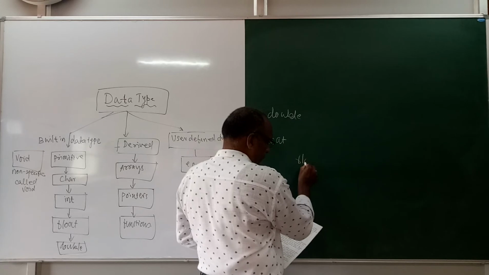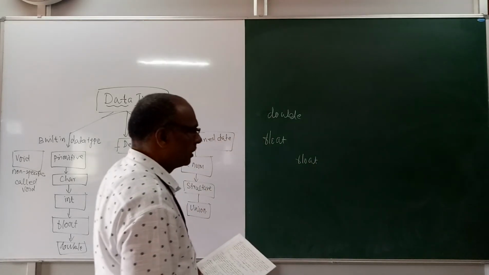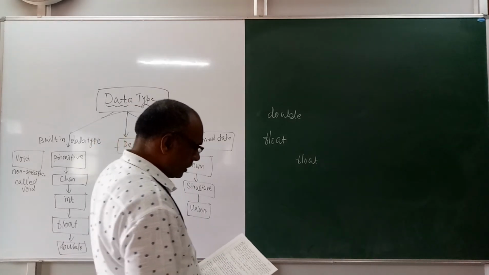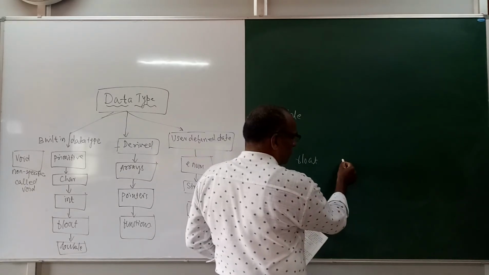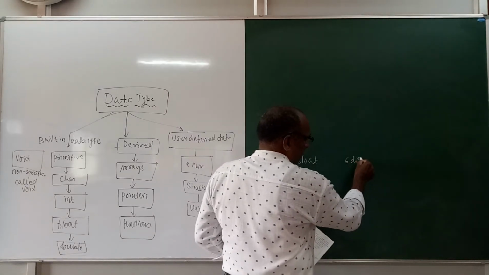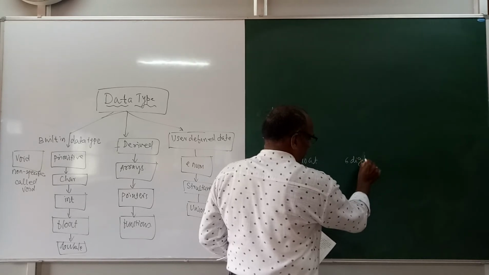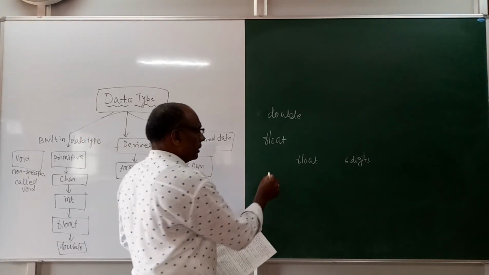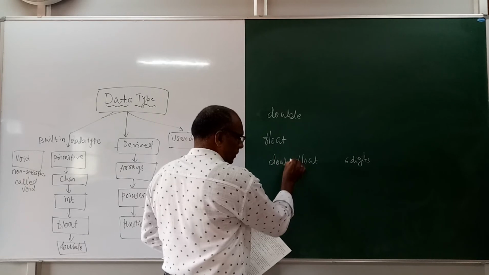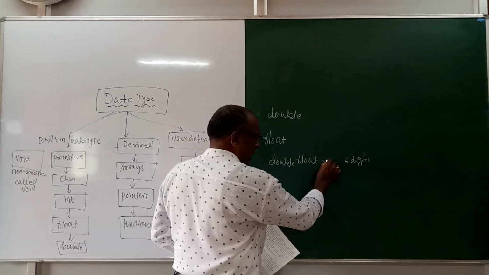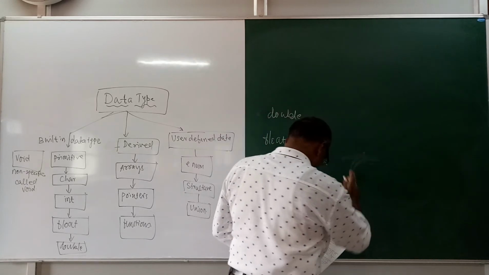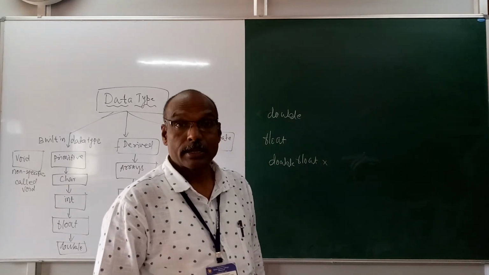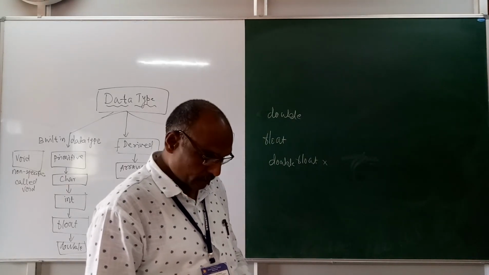See this float, a real floating point number, stores up to a maximum of 6 digits after the decimal point. If I write this as double, it is a data type, double x, it stores 16 digits after the decimal point.